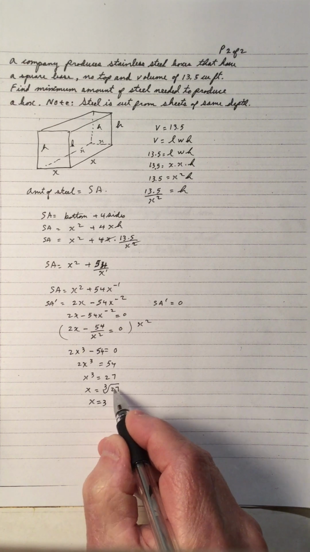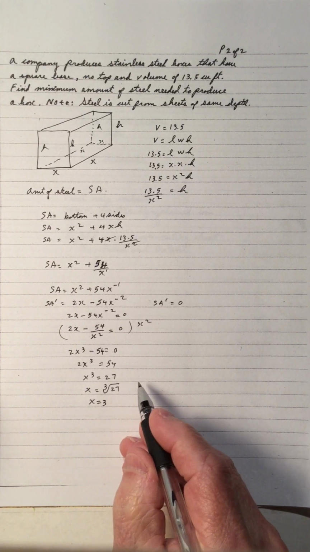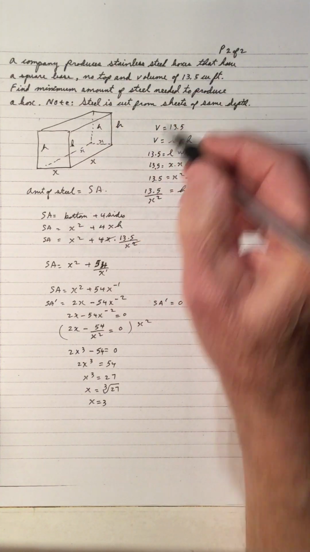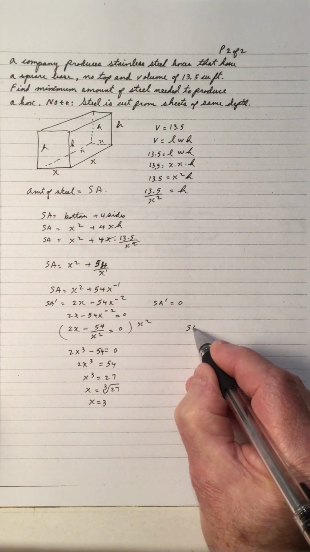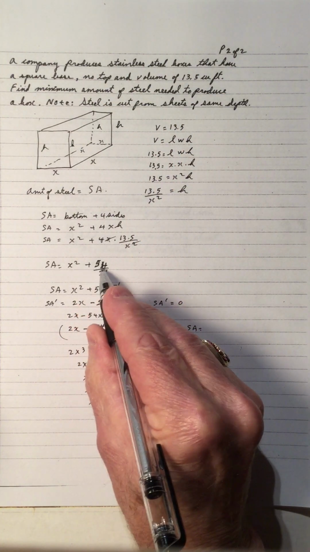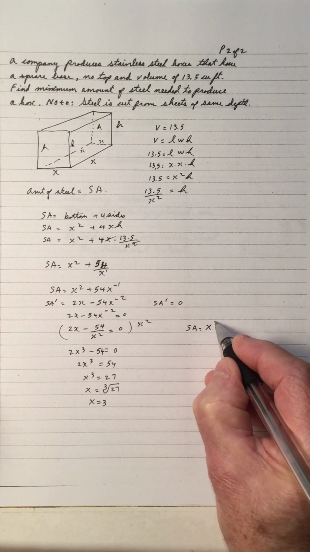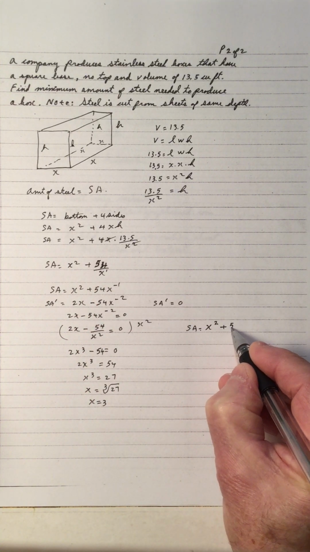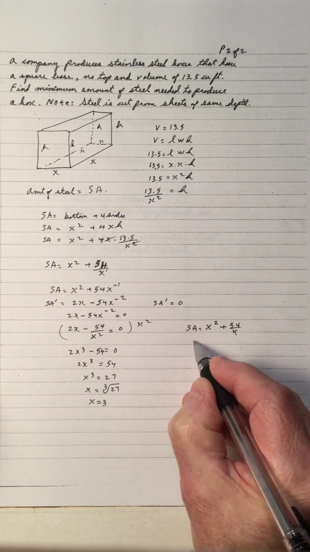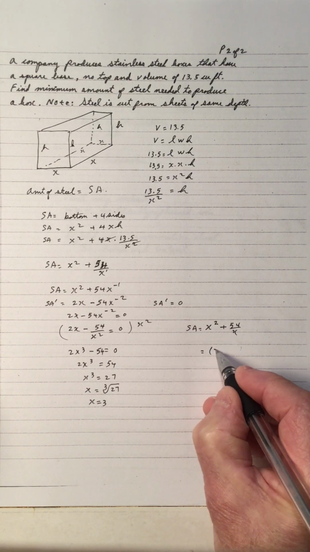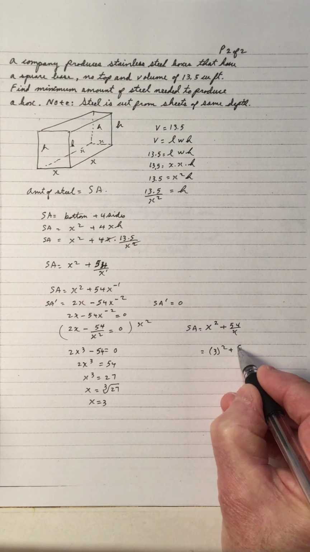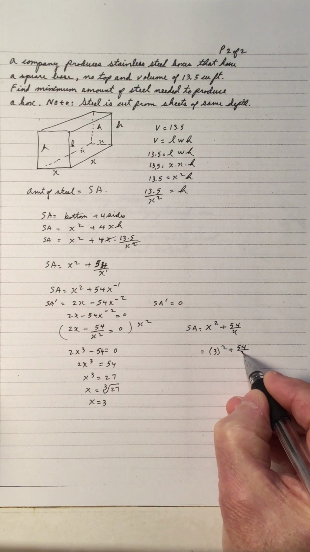So x is equal to 3. And we want the minimum amount, which is the surface area, so the surface area is, let's take the simpler form here, x squared plus 54 over x. So that's 3 squared plus 54 over 3.